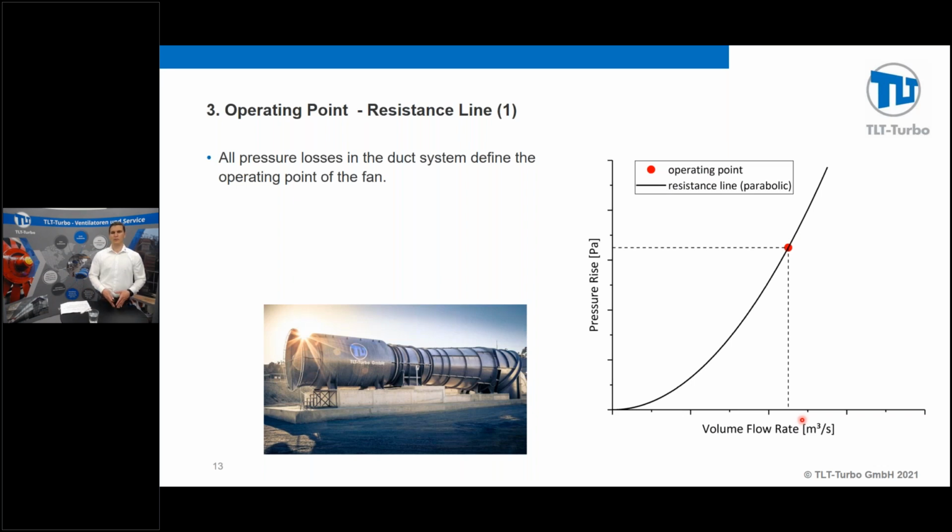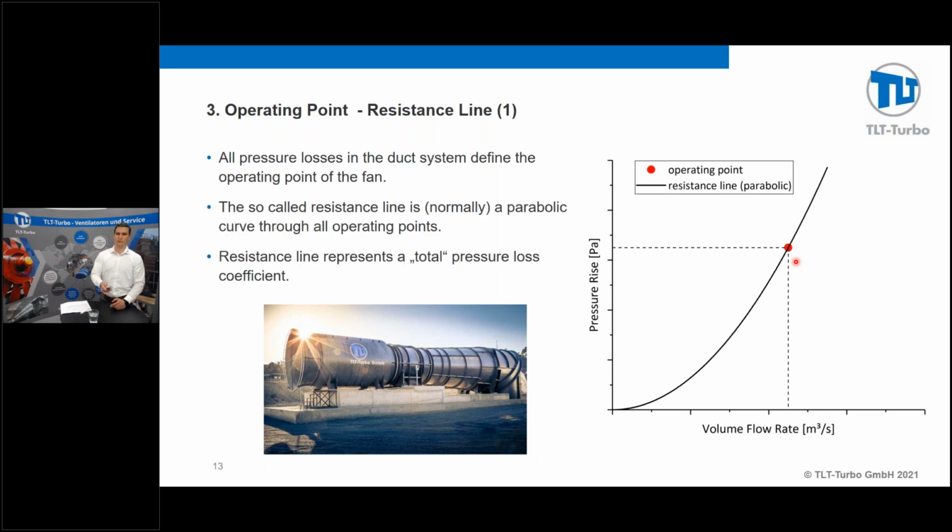And you know now all the duct system and can calculate all the pressure losses with Bernoulli's law, and then the result would be one red point here. So a certain volume flow rate results in a certain pressure loss, or in this case, for the fan, pressure rise. And there's also now shown a resistance curve, which has a parabolic shape. So why is that?